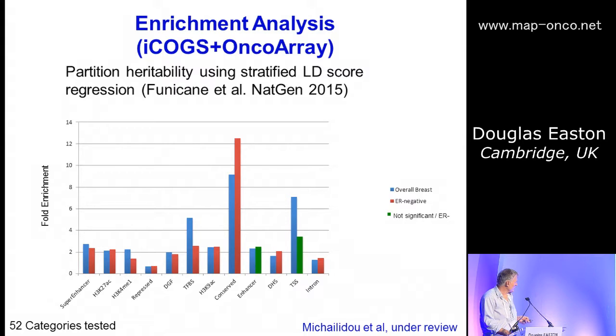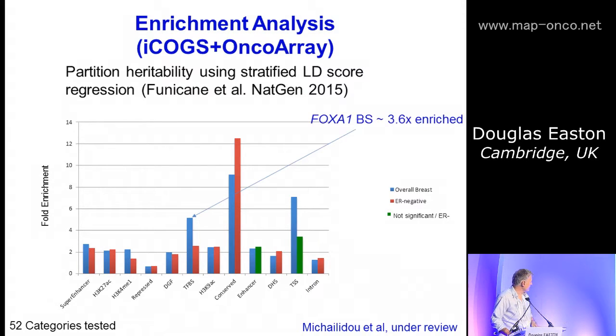So if you look across all the variants that are associated with risk, there's an enrichment for conserved regions, for enhancer regions, and particularly for transcription factor binding sites. And the clearest evidence is for FOXA1 binding sites. Again, that might not surprise you, they're about fourfold enriched, and that appears to be, not surprisingly, particularly for the loci associated with ER-positive breast cancer.